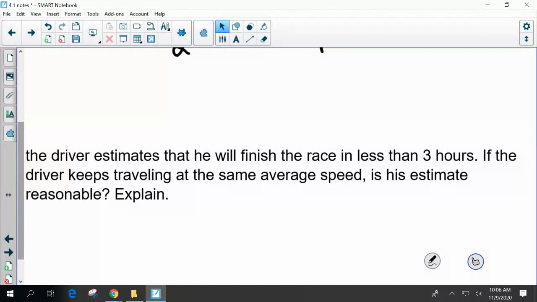The driver estimates he will finish the race in less than 3 hours. If the driver keeps traveling at the same average speed, is his estimate reasonable? So he's racing at 178 miles per hour. How many miles are in the race? 500. What should I do with those two numbers?